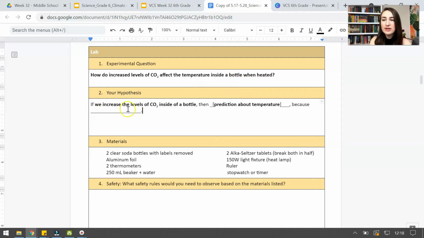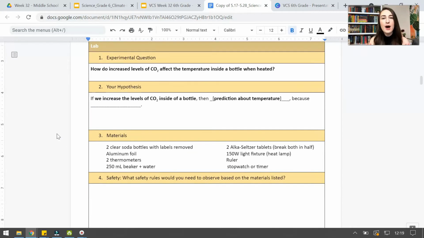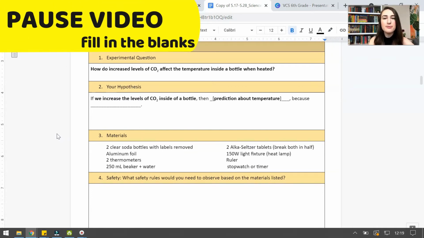So if we increase the levels of CO2 inside of a bottle, then what's the temperature going to do when we heat up the bottle? And then you have to explain your reasoning. What do you know about this and how does it back up your hypothesis? So pause this video and fill in the blanks.